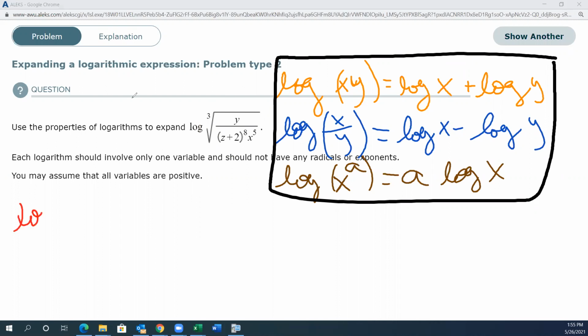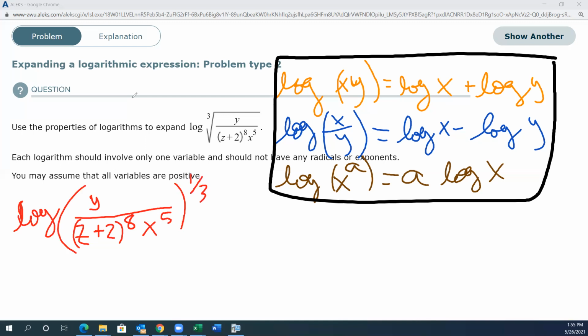Well, first off, the cube root, third root, that's the same thing as the 1/3 power. Now in this case, everything is being raised to that power.